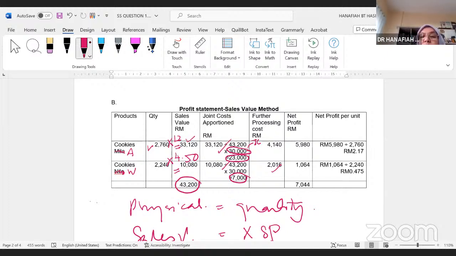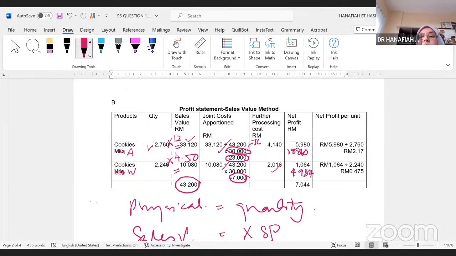It's supposed to be 4,984. Okay, and 23,000 minus, oh sorry, the further process is 5,140. I made the calculation wrongly.